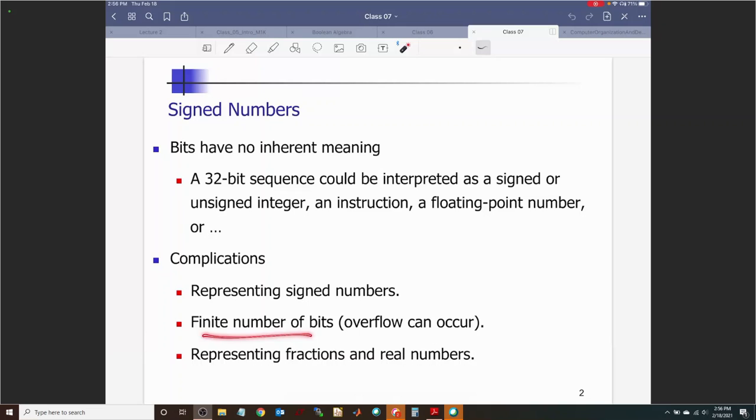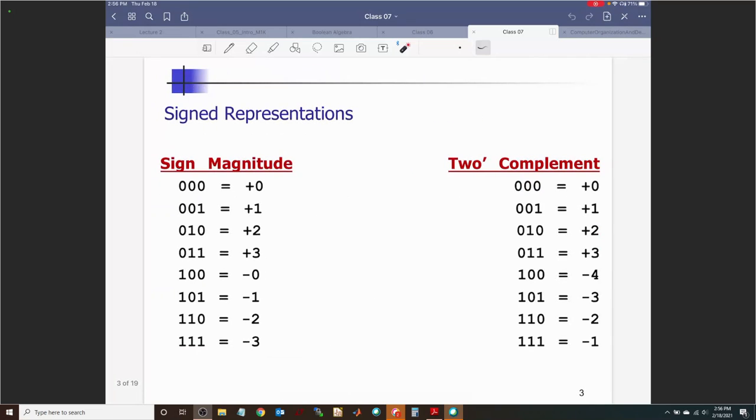Another complication is, if we use a particular scheme for signed integers, how are we going to represent fractions and real numbers? How are we going to represent very small numbers to very large numbers? How are we going to represent floating point versus fixed point numbers? All of that is something we need to be explicit about, because just giving 32 bits is not going to cut it.